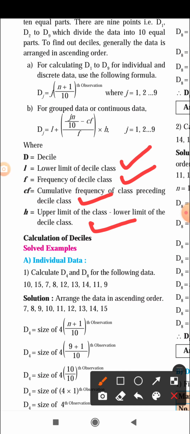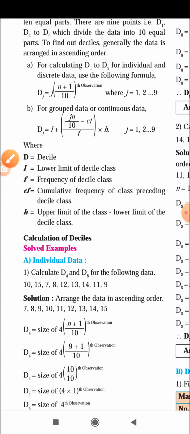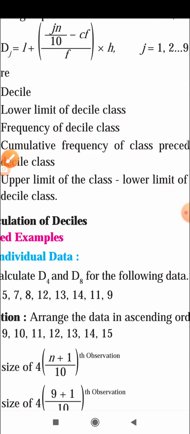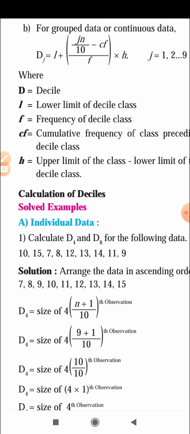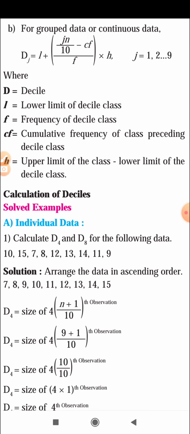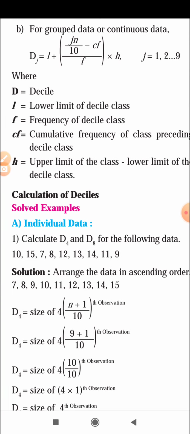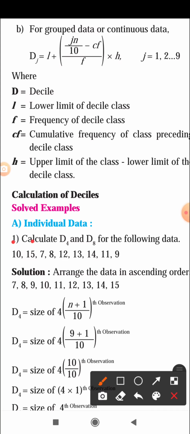So let us start calculation of deciles under individual series. Calculate D4 and D8 for the following data: 10, 15, 7, 8, 12, 13, 14, 11 and 9.